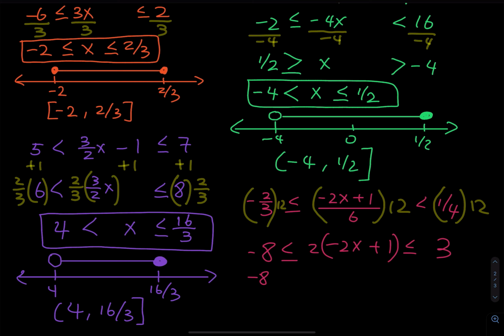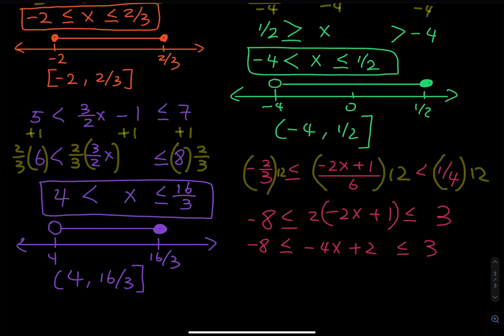You have -8 less than or equal to -4x + 2, and then less than or equal to 3. I'm going to subtract 2 on each side. -8 minus 2 is -10, less than or equal to -4x, less than or equal to 3 minus 2 is 1. On this line, if you divide both sides by 2, that is also okay.